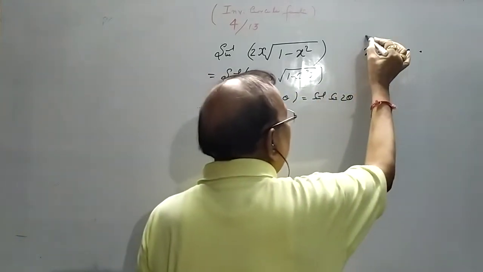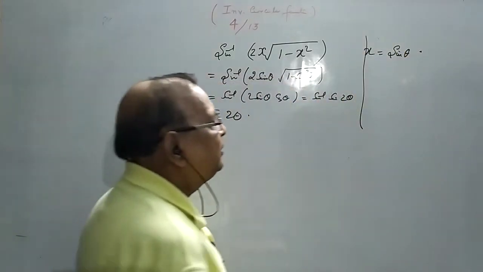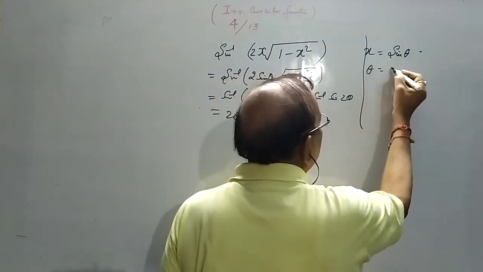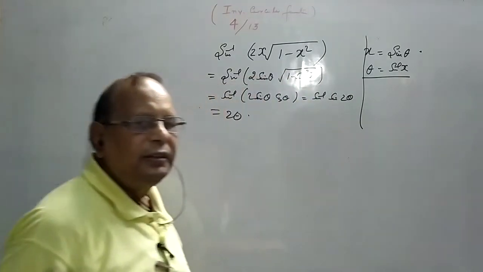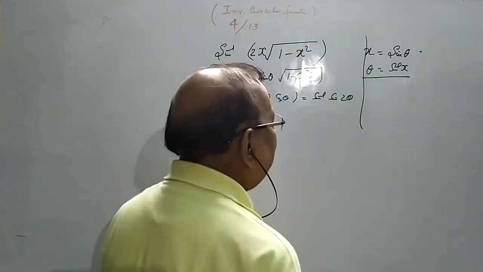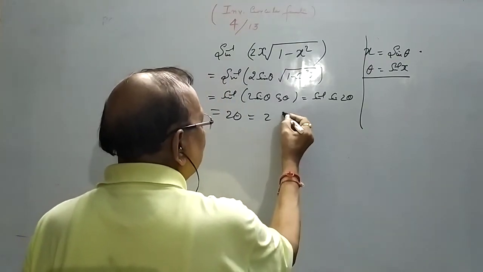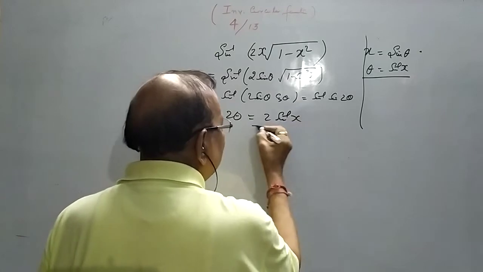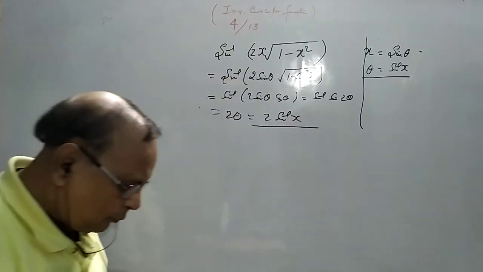Here, when we substitute x is equal to sine theta, it is obvious that theta is equal to sine inverse x. Remember that theta must lie between minus pi by 2 to pi by 2. In that case, that will be 2 sine inverse x. Otherwise, we have to keep within the principal values.